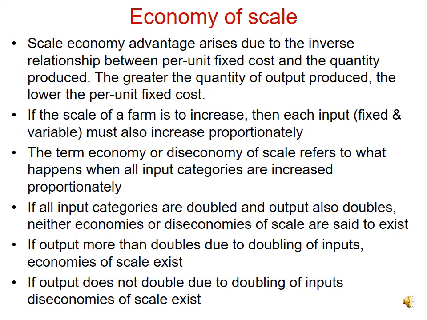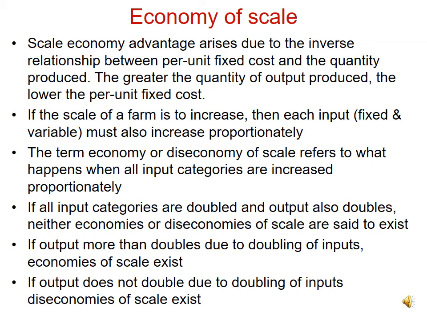Therefore, the greater the quantity of output produced, the lower the per unit fixed cost would be. Now, if the scale of a firm is to increase, then each input, fixed and variable, must also increase proportionately. As I said earlier, before production starts, if the scale is to increase, all the inputs, including fixed and variable, must increase proportionately. So that means, in other words, returns to scale has to prevail.